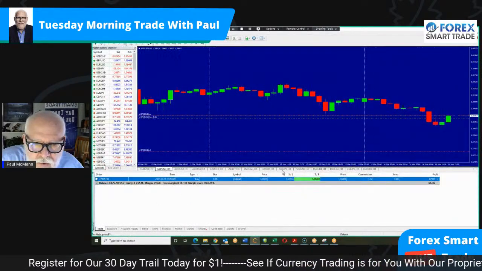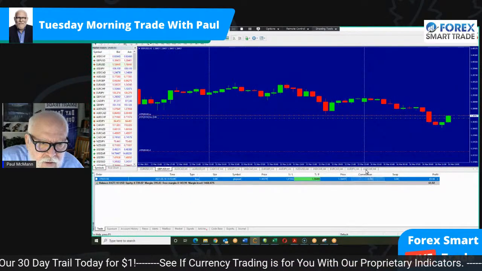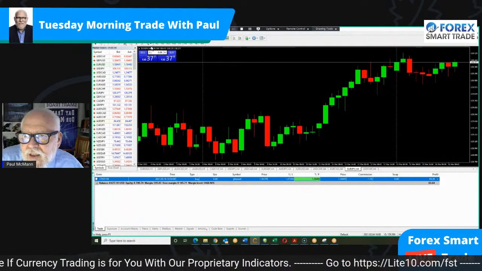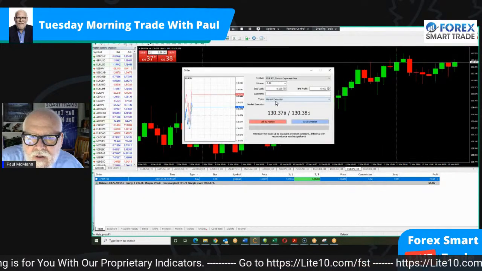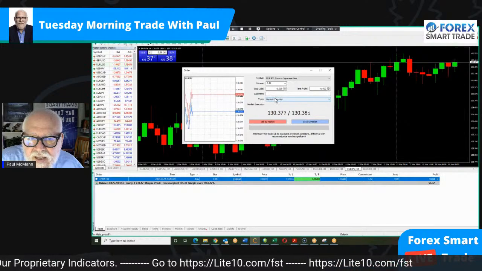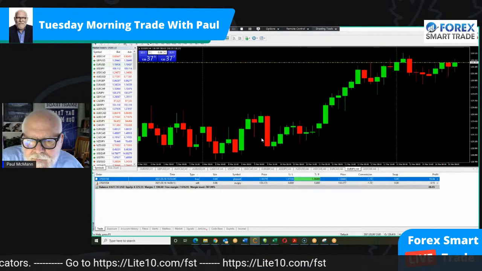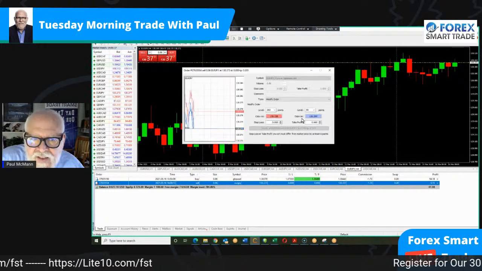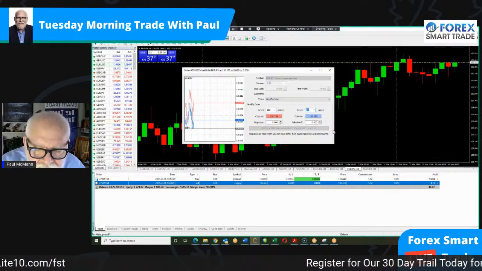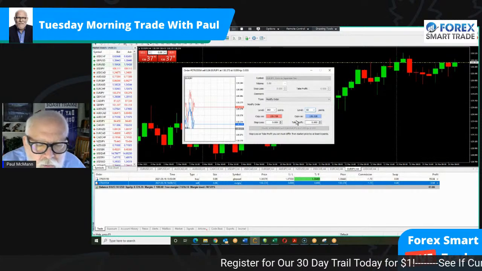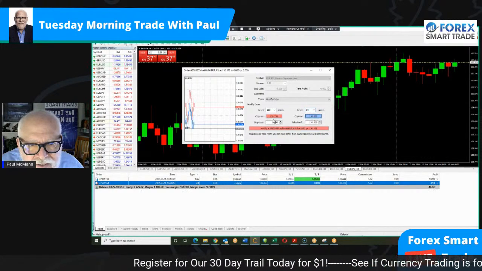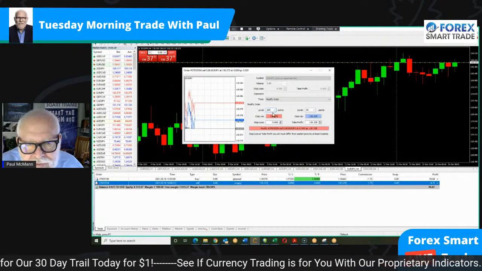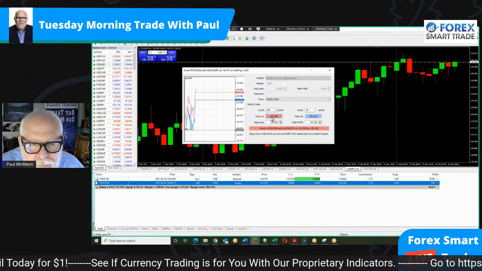So euro yen, and I am going to take a new order, 0.86 sell. On this trade, I don't need to look at the more detailed chart because we know, based on extensive testing, that it's always good for 5 pips, and we use a 4-to-1 stop loss.